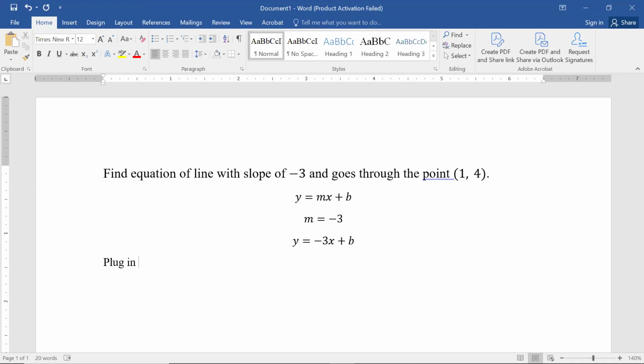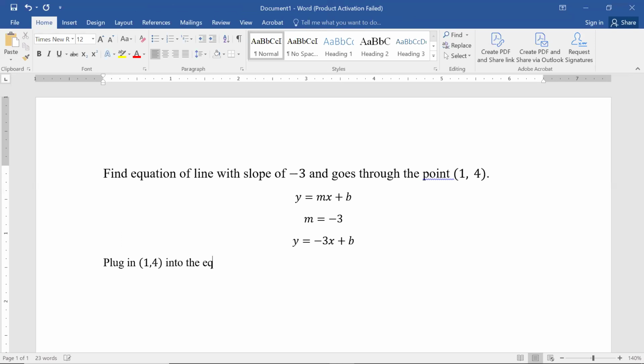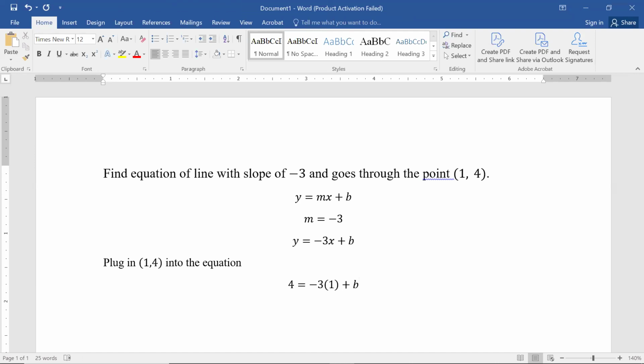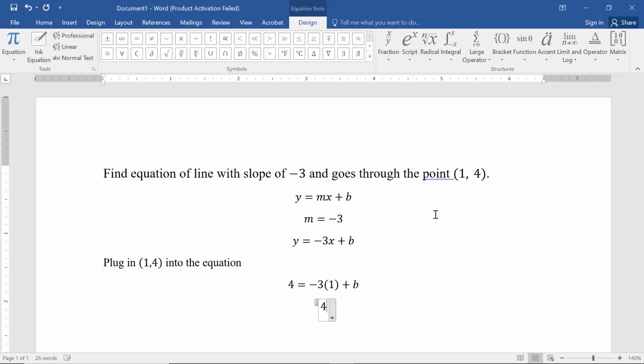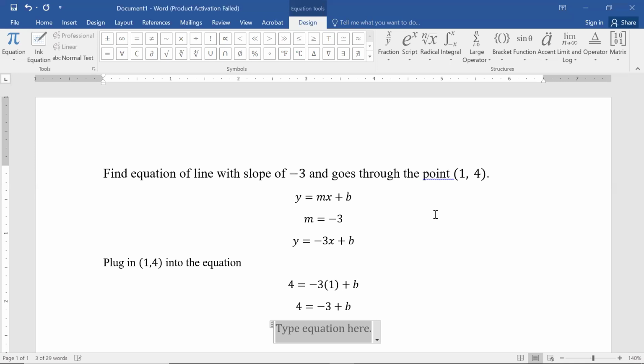In order to find that b, I'm going to plug in the point 1, 4 into the equation. And that is going to give me 4 is equal to negative 3 times 1 plus b. So 4 is equal to negative 3 plus b. Adding 3 to both sides gives a b value of 7.